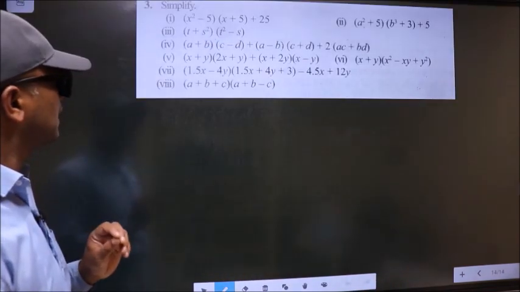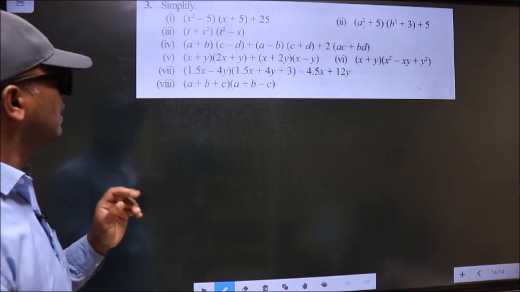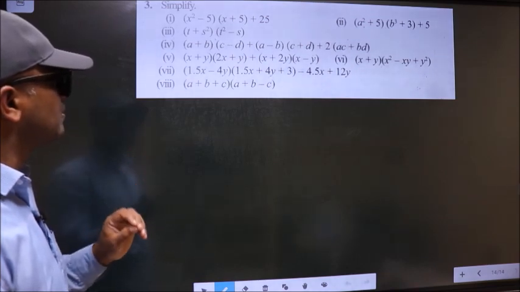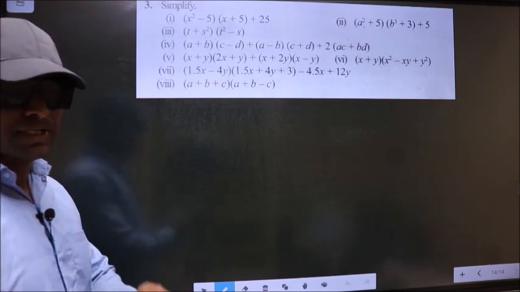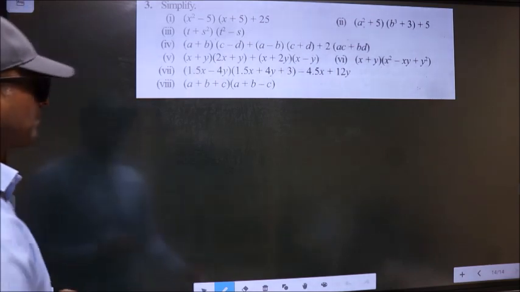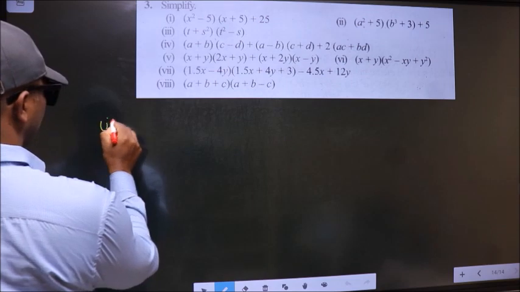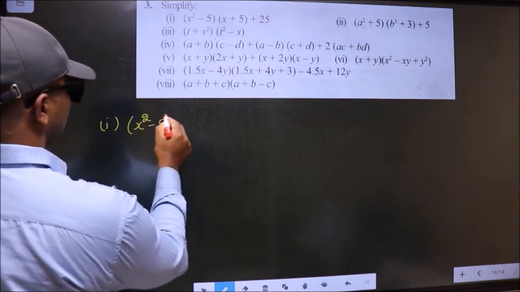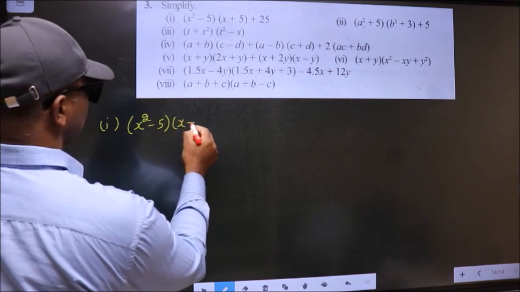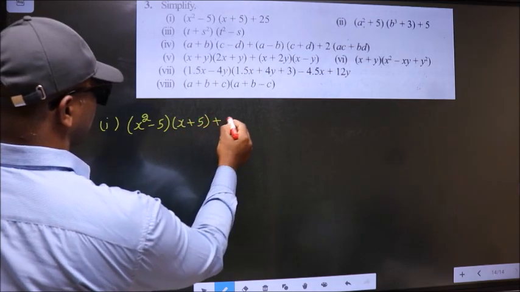Simplify. First bit, (x² − 5)(x + 5) + 25. To simplify, see here. First bit, (x² − 5)(x + 5) + 25.